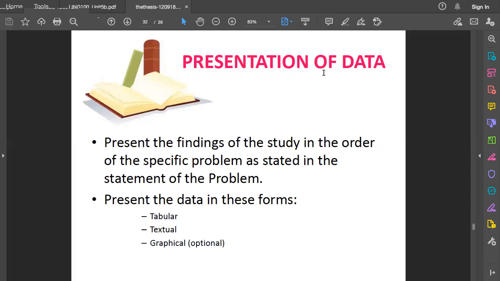To present this, first state the question number, like question number 1 from the statement of the problem. And then all the answers, if it's a survey, all the items and the numbers of those who answered question number 1, I mean your objective number 1, you line up, or present that in your presentation of question number 1.